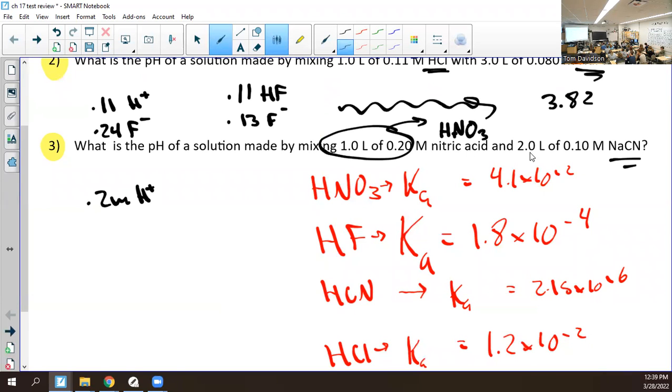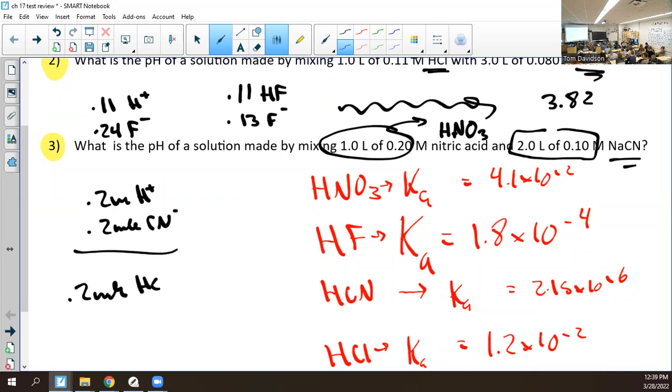I have 2 of 0.1, which means 0.2 mole of CN minus. These will combine to make the smaller of the 2 values of weak acid. So I make 0.2 moles HCN. And then the difference between them would be the amount of salt, and that is what number?